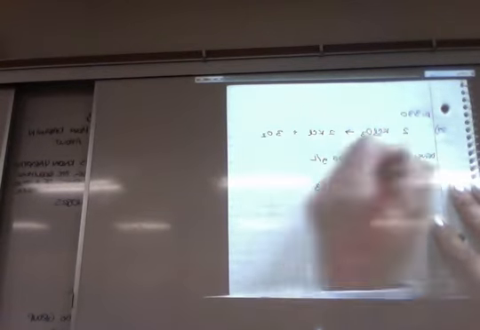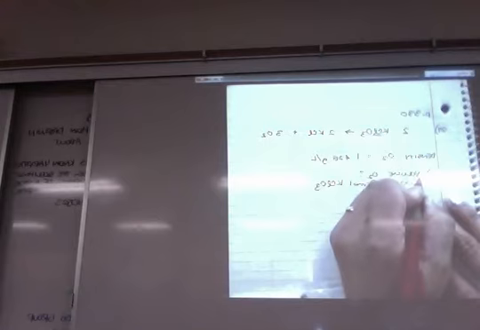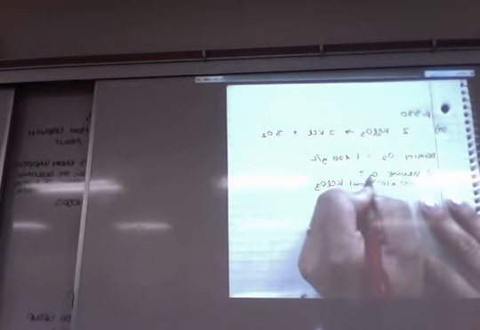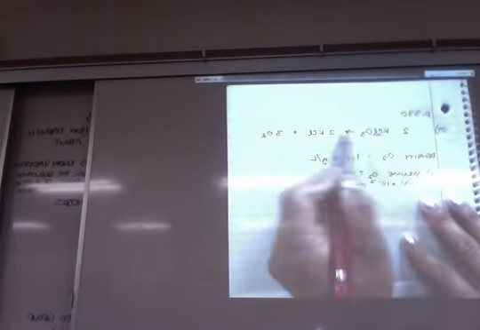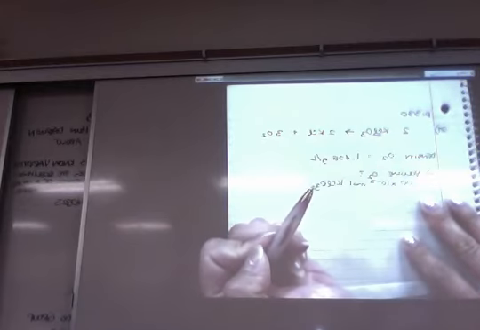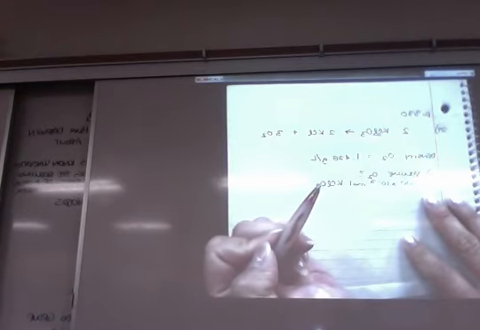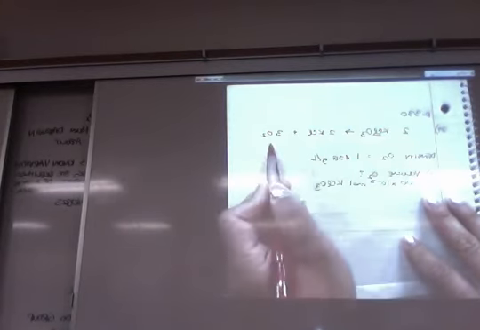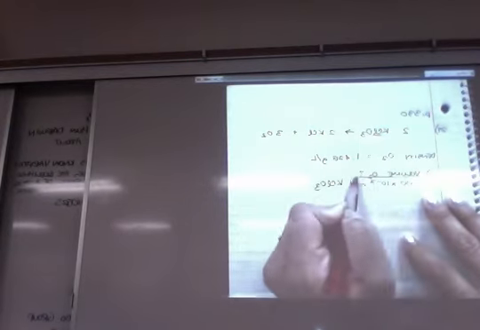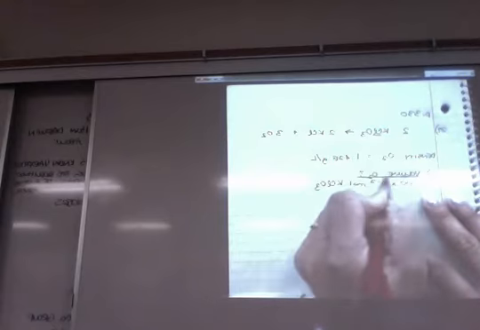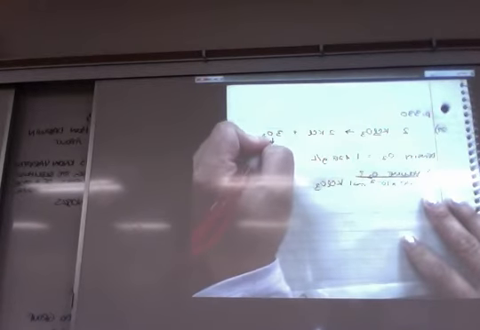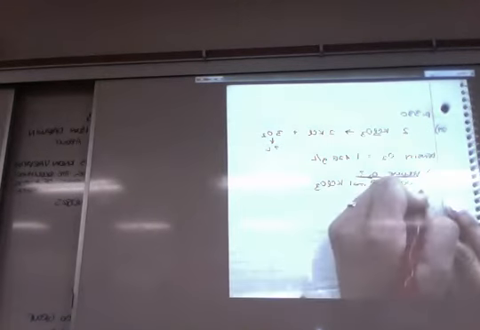Looking at my balanced chemical equation, what am I trying to find if I'm asked for volume of oxygen gas? Which of these three things is my unknown: KClO3, KCl, or O2? I'm being asked to find the volume of O2. And what is my known?